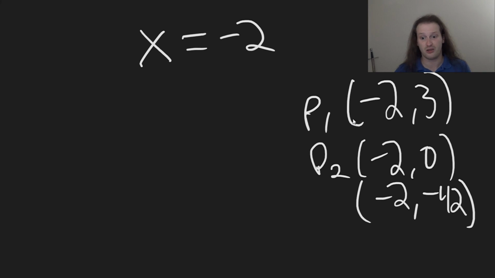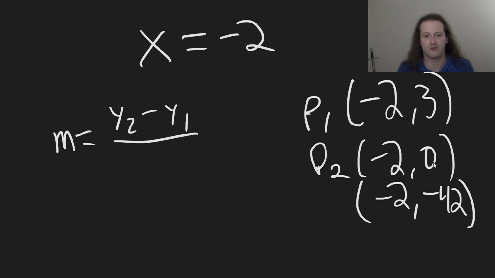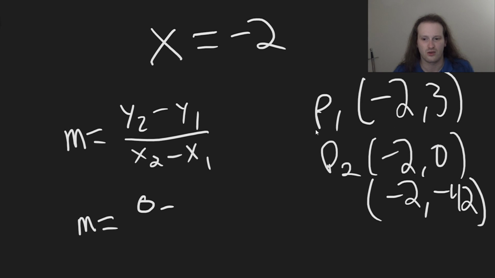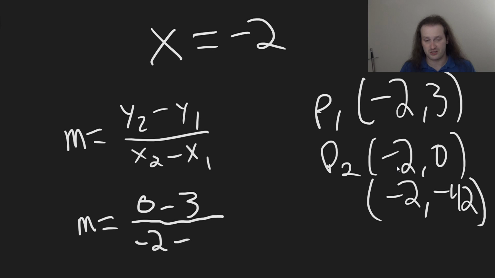And I'm going to plug both of these into our slope formula. M equals y2 minus y1 over x2 minus x1. The y-coordinate of the second point, which is 0, minus the y-coordinate of the first point, which is 3, over the x-coordinate of the second point, which is negative 2, minus the x-coordinate of the first point, which is negative 2.